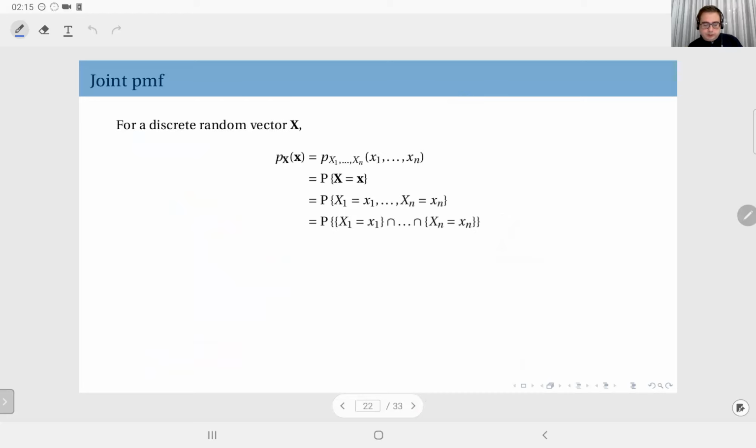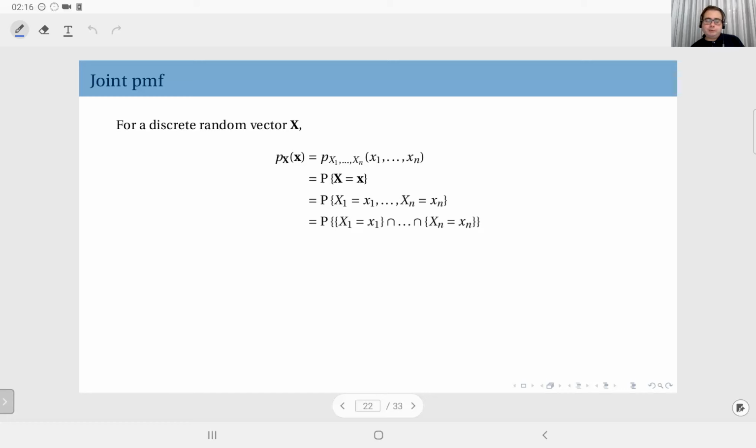Now we will next look at the ways to describe distributions of random vectors. As we did with random variables, we will talk about the probability mass function, but now we have joint distribution. So we'll talk about joint PMF and joint CDF and joint PDF.